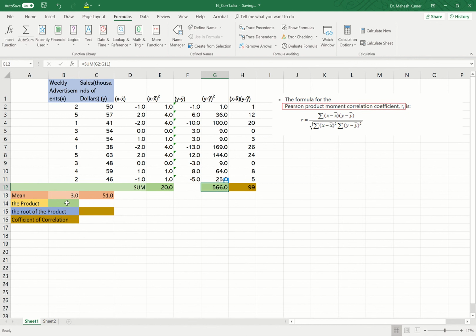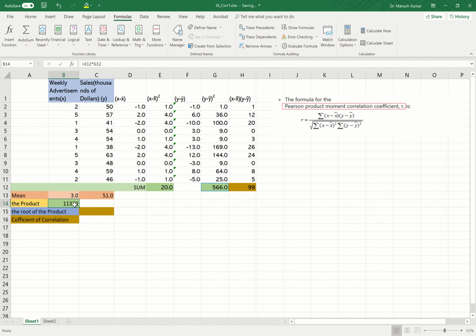First of all, we need to find the product. In denominator, we are using this product, summation of x minus x bar square into summation of y minus y bar square, product of these two. So product of these two is equal to this number times this number. So click enter. So this is the value, that is the product.